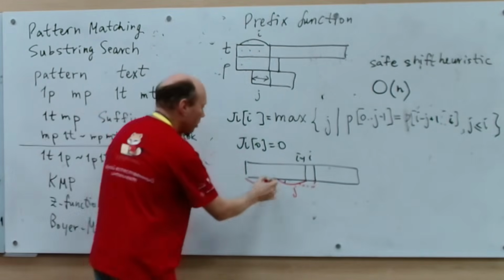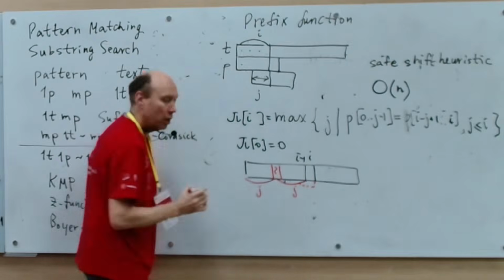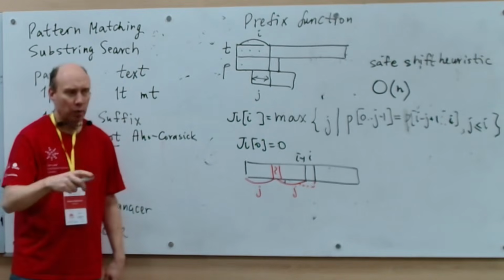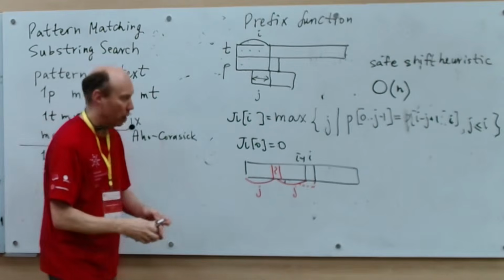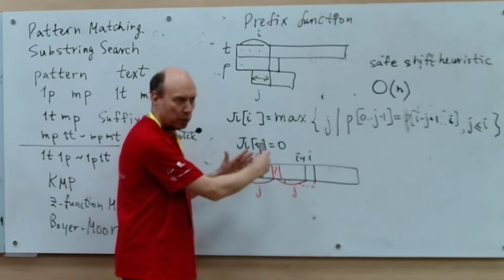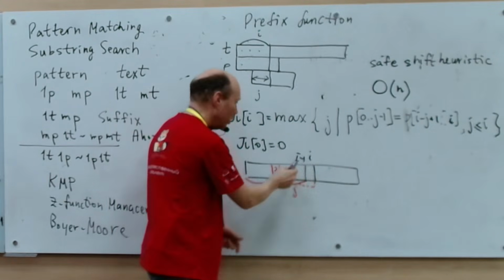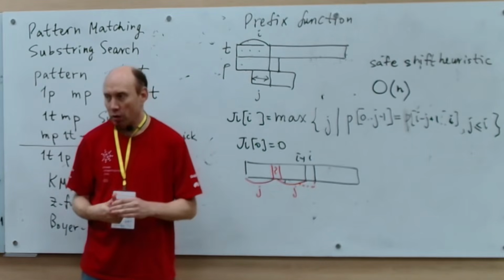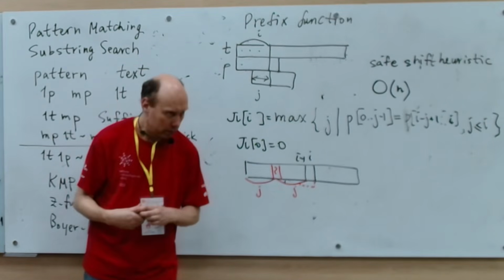That depends on this character. If it matches that, then we can increase by 1, and we definitely cannot increase by more than 1, because increasing by 1 always works on the other side. If you cut this and cut this, it still matches. So it cannot increase by more than 1.